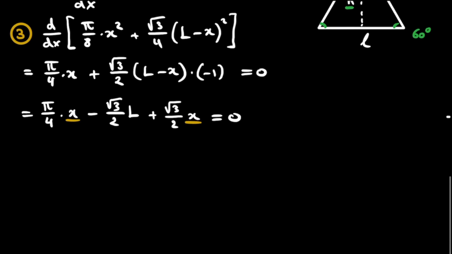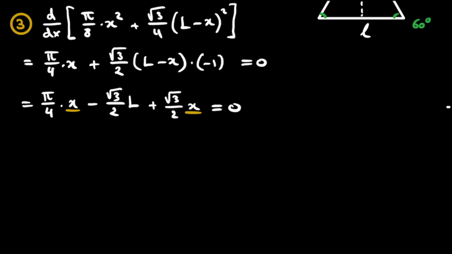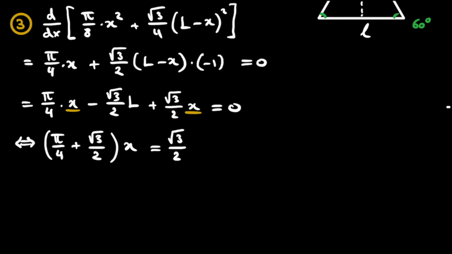So we are left with a very simple algebraic equation. If we take together all of the terms with x, we get pi divided by 4 plus the square root of 3 divided by 2 multiplied by x. And the remaining term we put on the other side of the equality sign, so the square root of 3 divided by 2 multiplied by L.